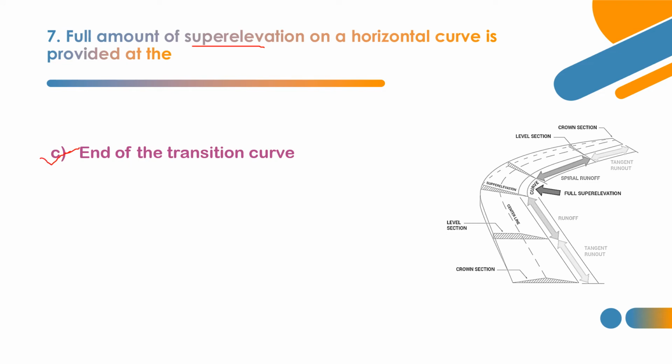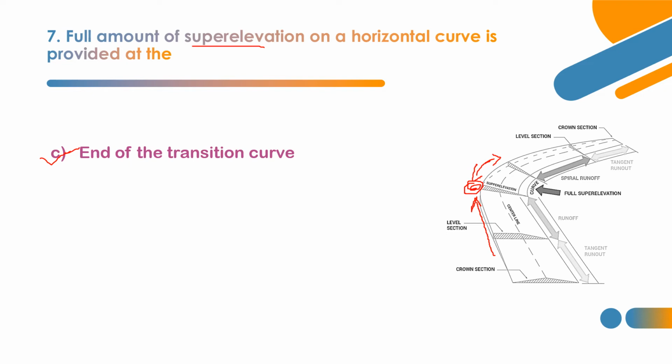You can see in this diagram, super elevation is gradually provided like this and reaches the maximum here. At this point, super elevation is reached fully. So what is that point? The beginning of the circular curve. This is the actual circular curve. At the beginning of the circular curve, super elevation is attained at maximum.